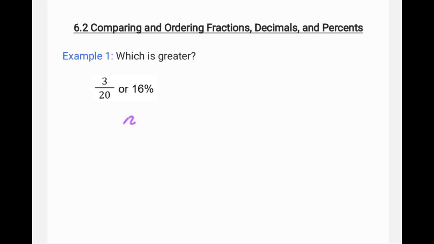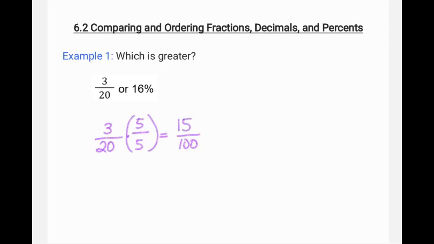So if I have 3 over 20, I'm going to do an equivalent fraction and see what 20 can be multiplied by so that I can get 100. So 20 can be multiplied by 5 to get 100, so that means I would have to multiply the numerator also by 5. So 3 times 5 gives me 15.